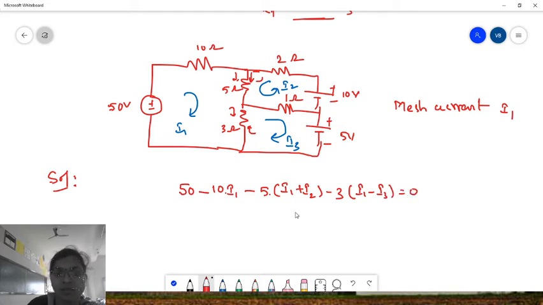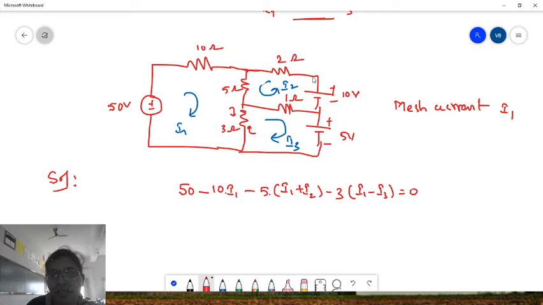So say this is equation 1, and equation 2 you write. Here in equation 2, let us take current I2 in the second loop. So now you write, current first I'll take from the source.